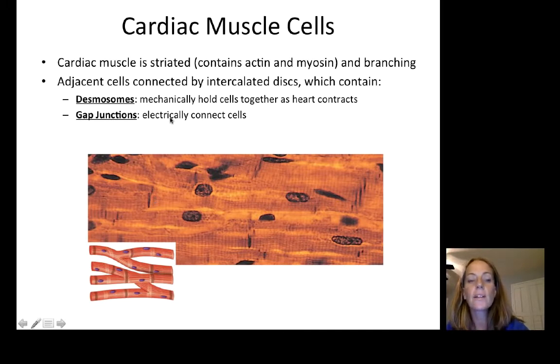And then they're going to electrically connect the cells so that any electrical activity in one cardiac muscle cell gets directly transferred to the next door cell so that you will spread activity throughout a whole region like that. There's no synapse here between the cardiac muscle cells. They are directly connected with open gap junctions. So any ion changes in one cell are the exact same as the ion changes in the cell nearby.